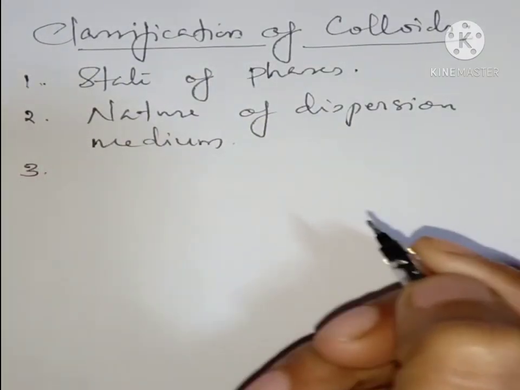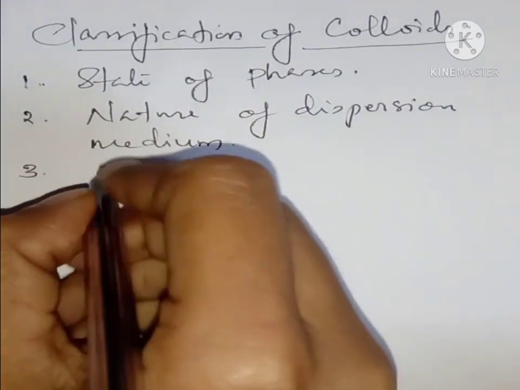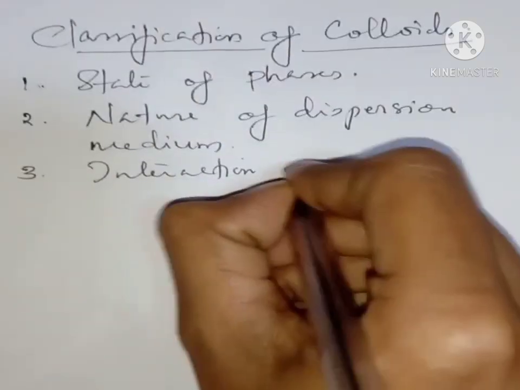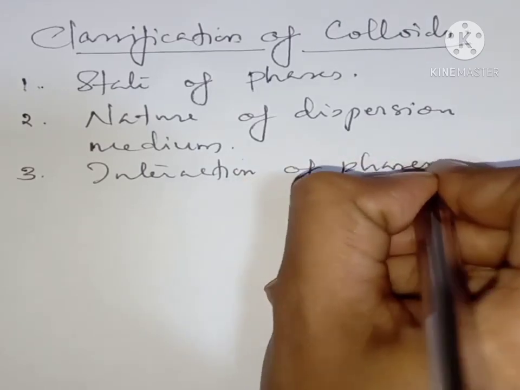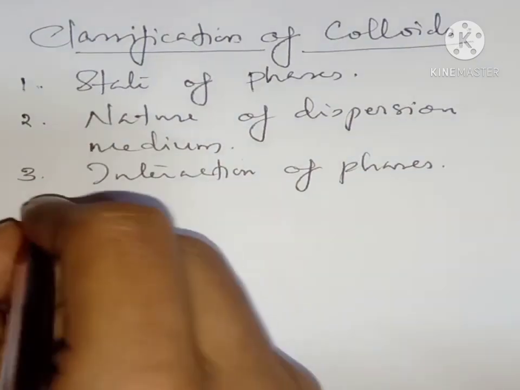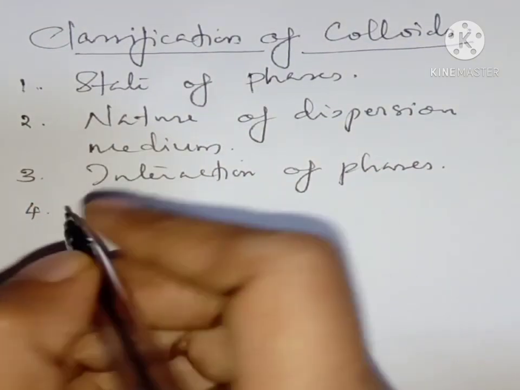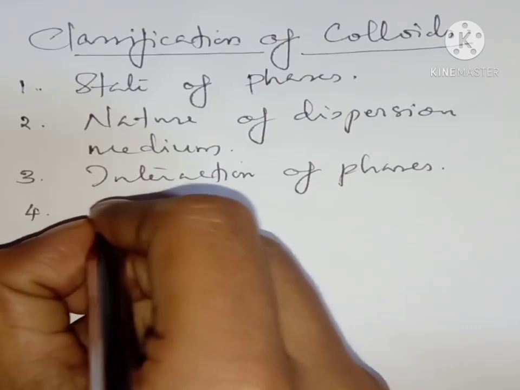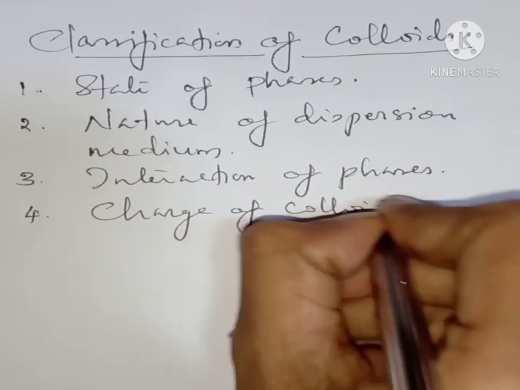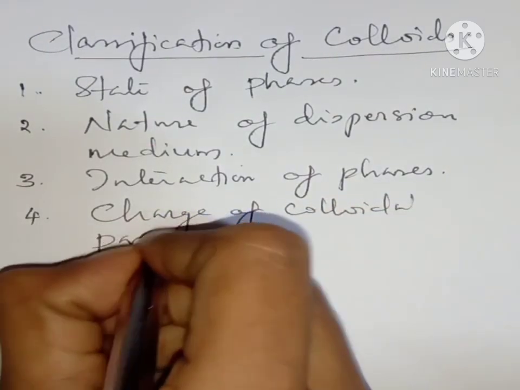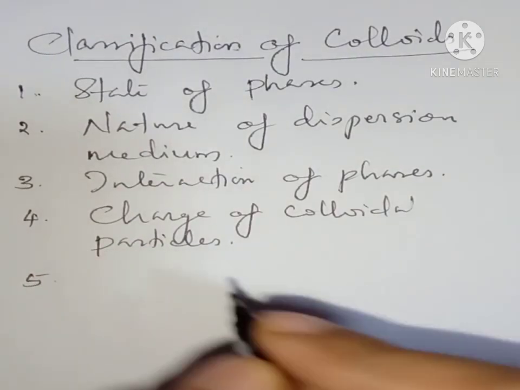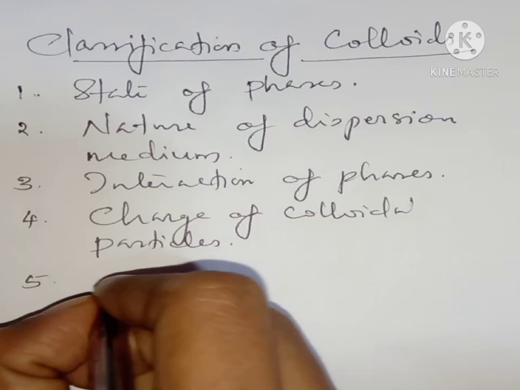Third criteria is based on the interaction of phases. Fourth one, based on the charge of colloidal particles. And the fifth one is based on molecular size.